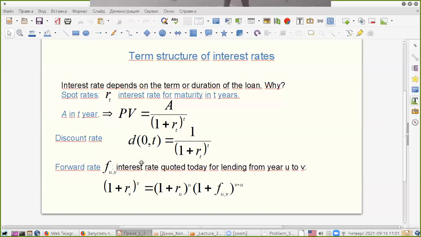But what may be new for you is the forward rate. What is the forward rate?